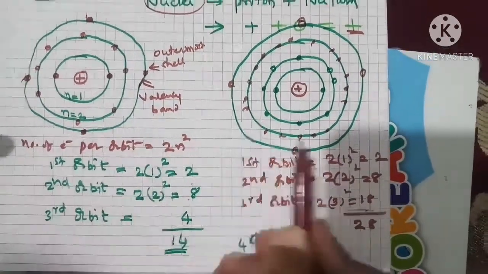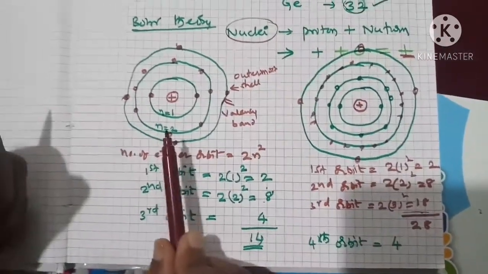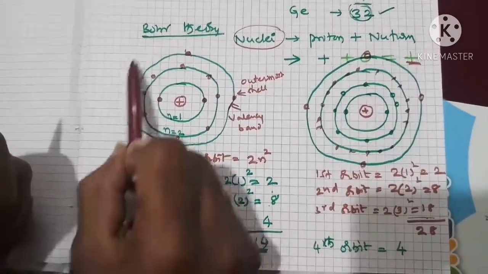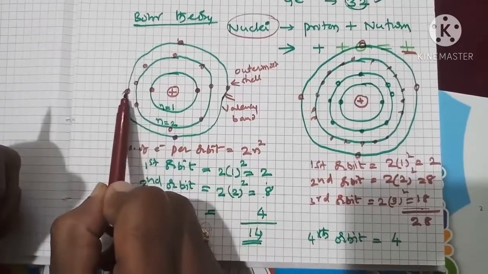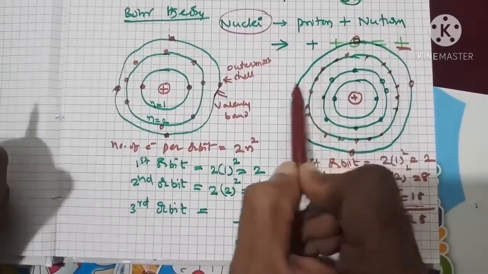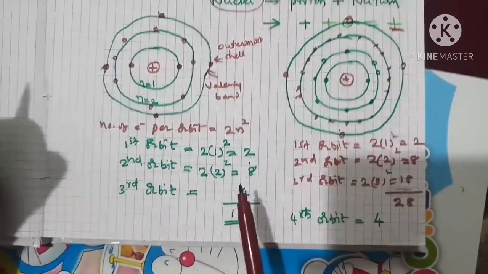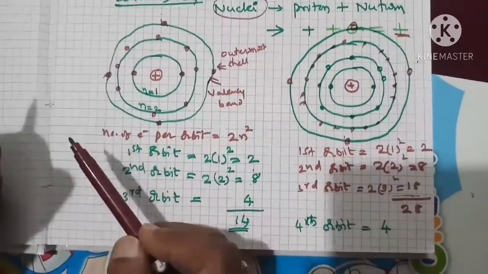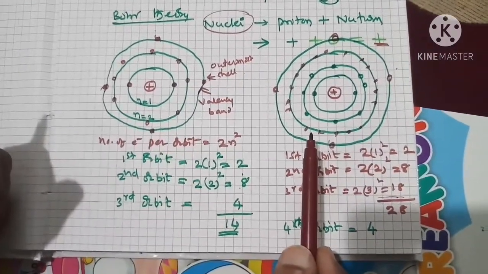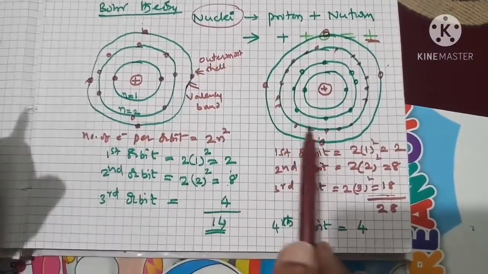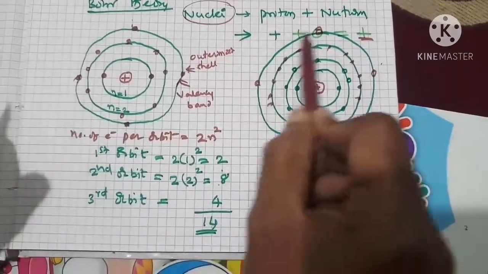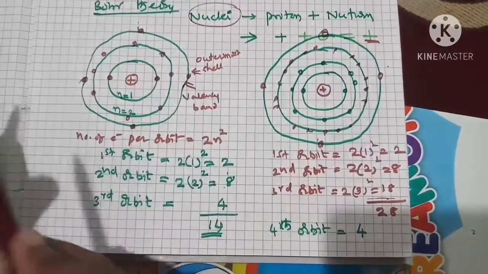Now if you see this similarity between the silicon and the germanium, the outermost orbit is also having 4 electrons, and here also you are having 4 electrons. Okay, so from this we can say that all the semiconductors will have 4 electrons in the outermost orbit. That is the first point.